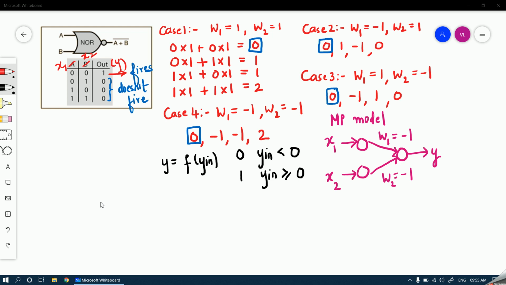Hello students. So in the last video we saw how the McCulloch-Pitts model can be applied to a NOR gate when two inputs x1 and x2 are given.